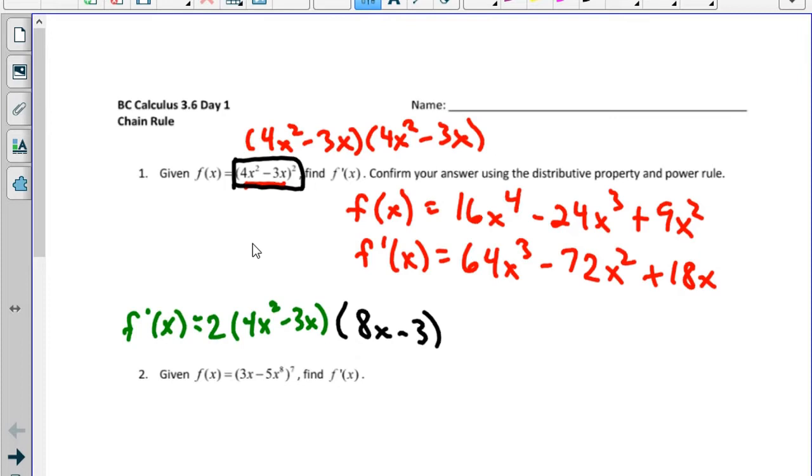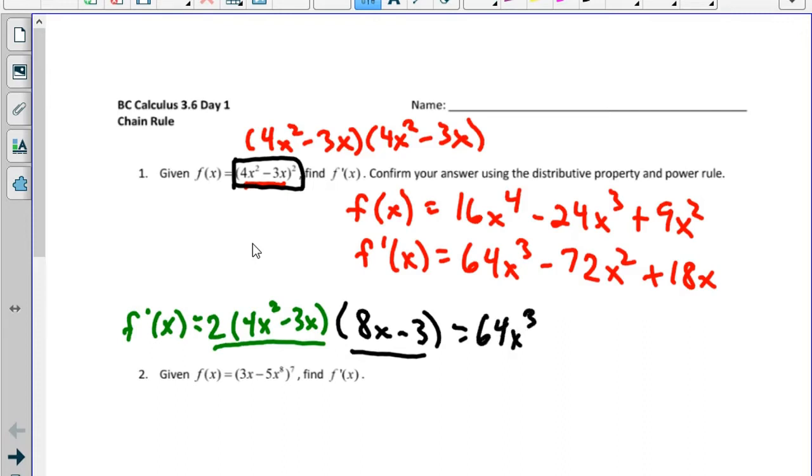So I take the derivative of the big function, and then I take the derivative of whatever was on the inside. What happens if I multiply all that together? Well, you can check with the distributive property, but my guess is 2 times 4 times 8, that ends up being 64x cubed.